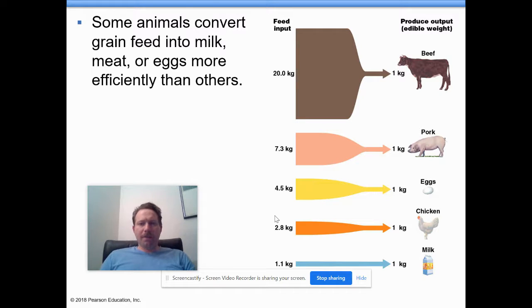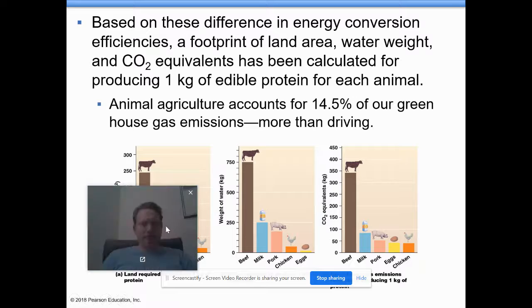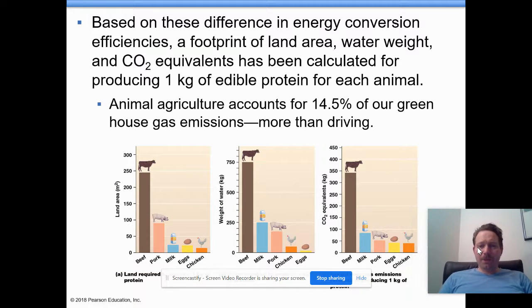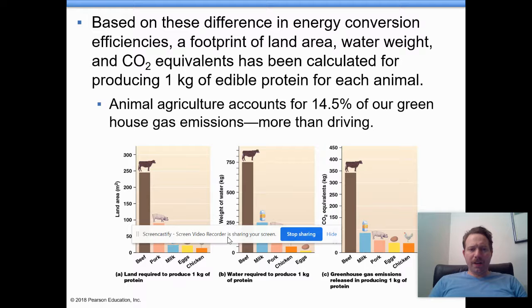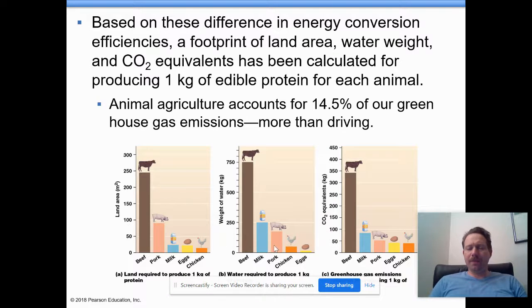Chickens are down there on the bottom, and eggs, and then pork, and then finally, again, cows at the top. Other graphs that are really important for us to understand are the land required, the emissions, the water required. All of them are showing that beef is by and large the worst way of getting energy.